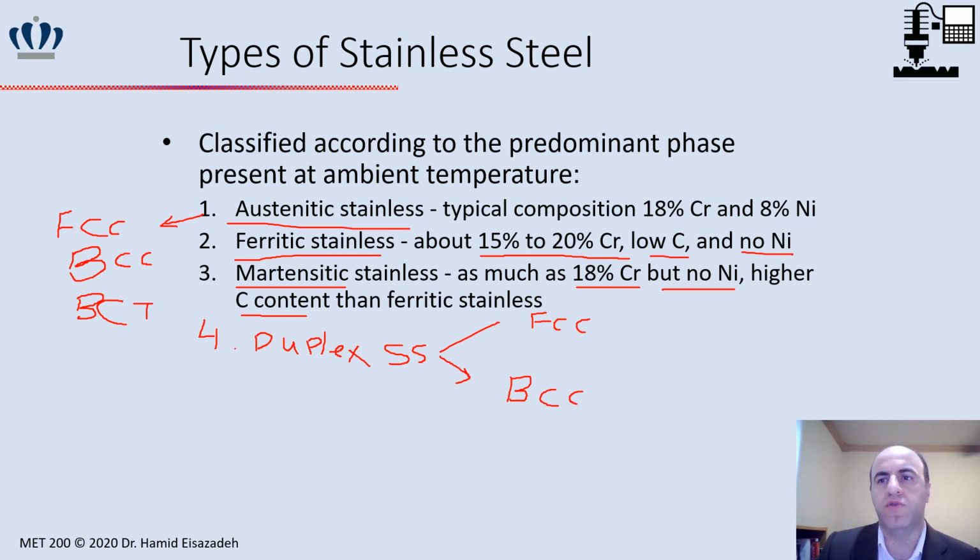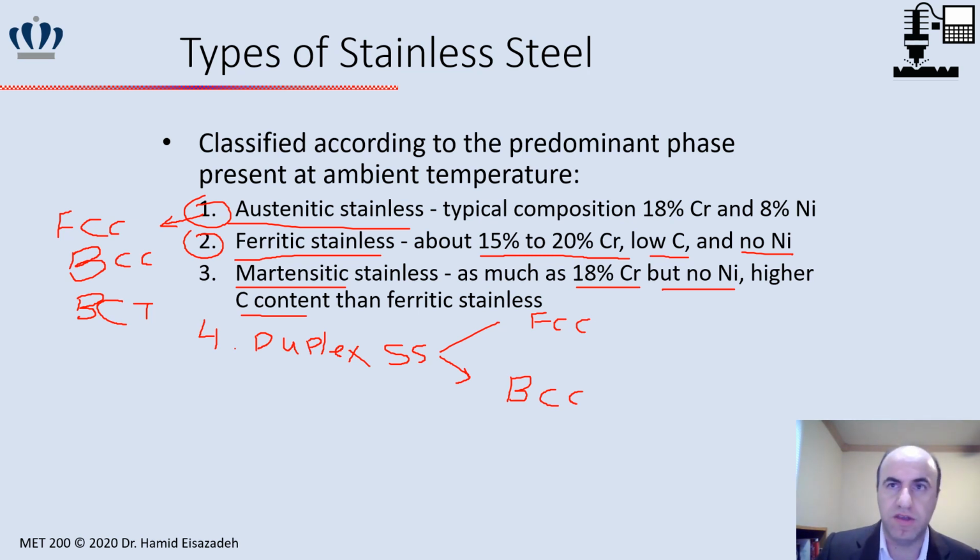Another way to say it, 50% of duplex steel is ferritic and 50% of duplex is austenitic. So it's a mix of these two steels. And it's strong. This is a hard material.